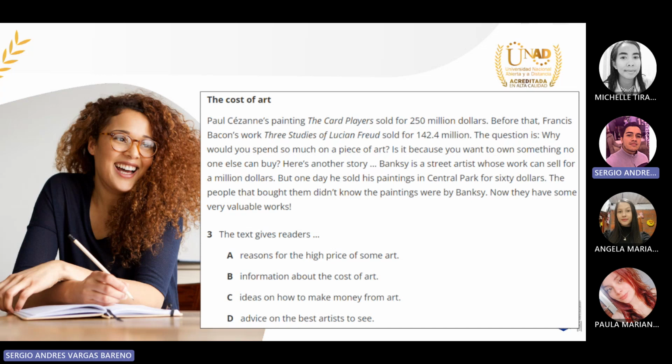Is it because you want to own something no one else can buy? Here's another history. Banksy is a street artist whose work can sell for $1 million. But one day he sold his paintings in Central Park for $60. The people that bought them didn't know the paintings were by Banksy. Now they have some very valuable works.